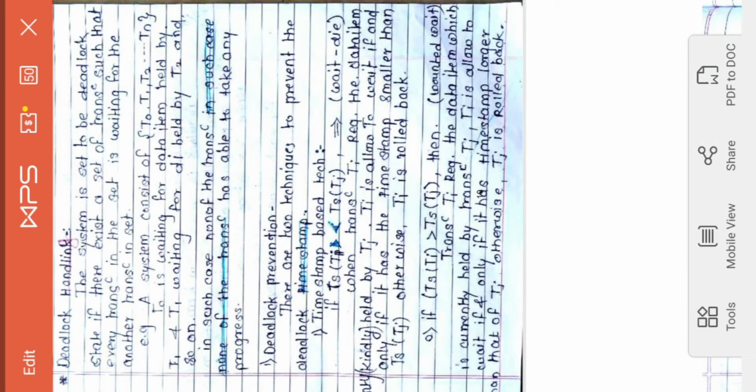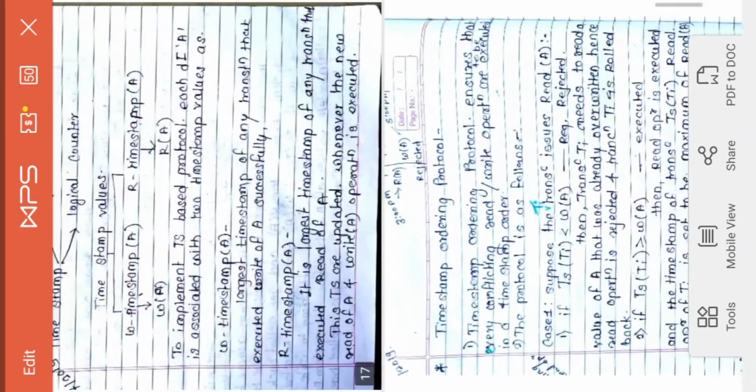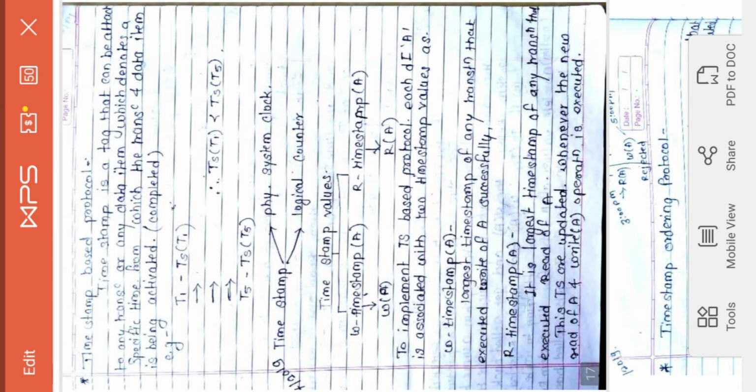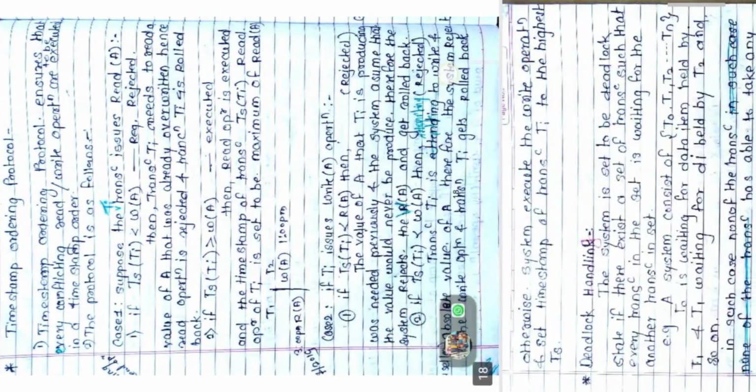So good morning everyone. In the last lecture we have seen what we mean by timestamp and the timestamp ordering protocol, and the different timestamps. One is a physical clock, another one is a logical counter. W-timestamp means what, R-timestamp means what, and the ordering protocol.